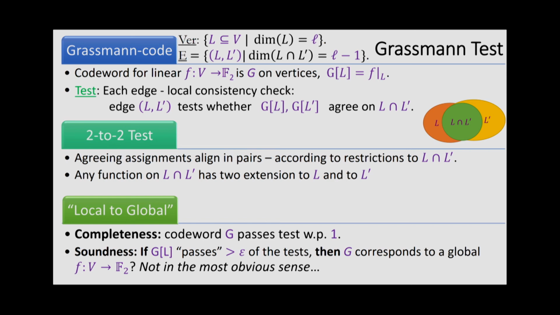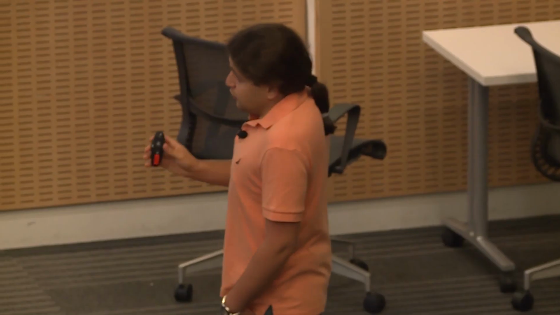The short answer is no. You can actually show some functions that are far from all legal code words, yet pass the test with significant probability. But you can consider more complex notions of soundness, which are actually true and are useful. But I don't want to spell it out.